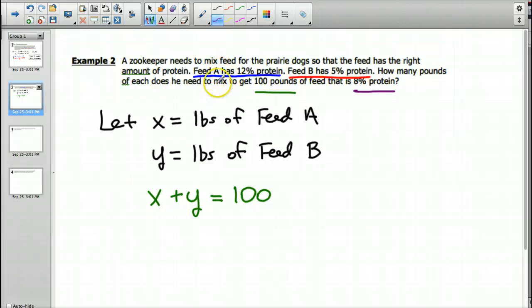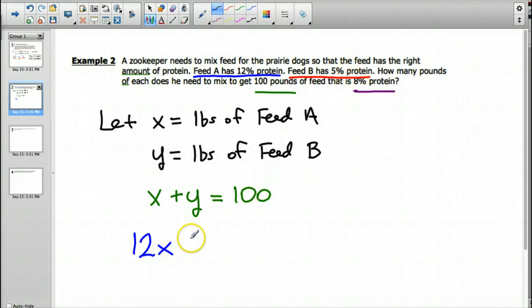Well, there's X pounds of feed A, and feed A is 12% protein. So I'm going to say that 12 times X is going to be my concentration of protein. So for every 100 pounds of feed, 12 of those pounds are going to be protein for feed A. Feed B is 5% protein.